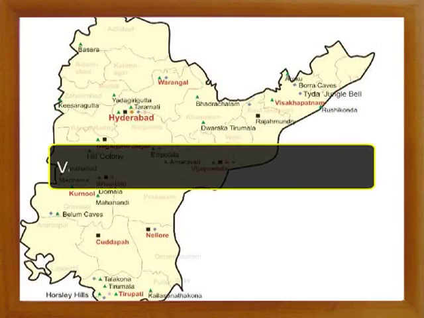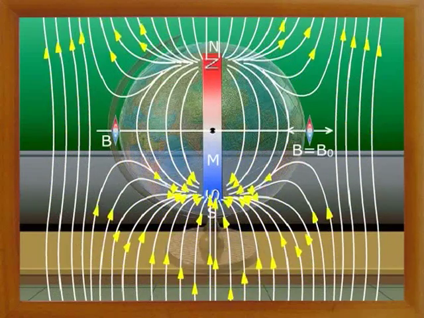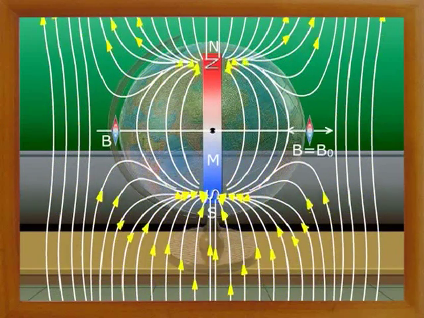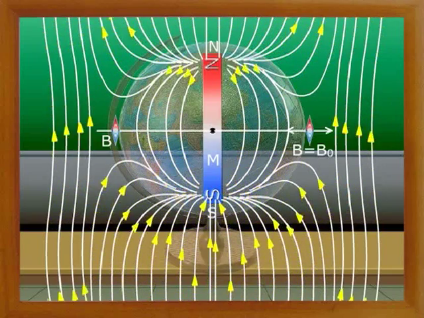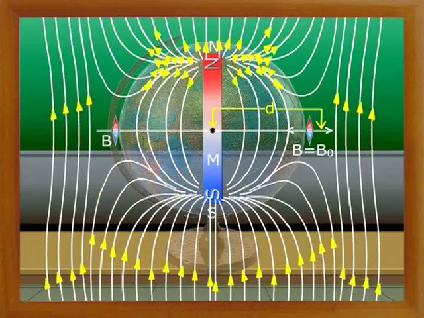In Andhra Pradesh state, the value of B0 is about 0.39 into 10 to the power minus 4 Tesla. Now let us consider the case when the neutral points are on the equatorial line of a bar magnet at a distance d from the center of the magnet.